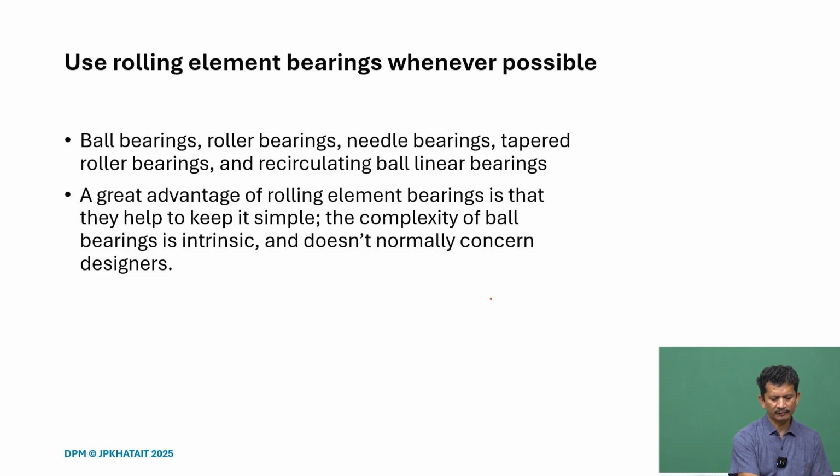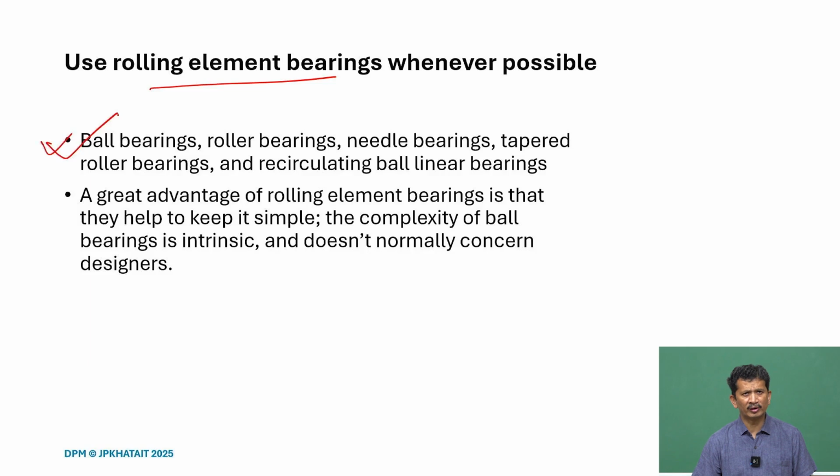And there are many kinds of rolling element bearings: ball bearings, roller bearings, needle bearings, taper bearings, recirculating ball bearings also. If we talk about ball screws or even linear guides these days, they have recirculating ball bearings, ball linear bearings.